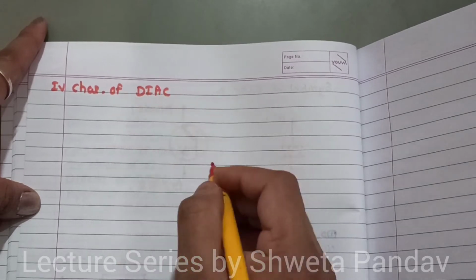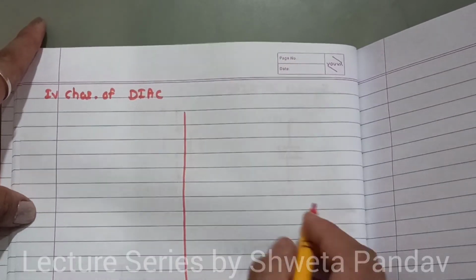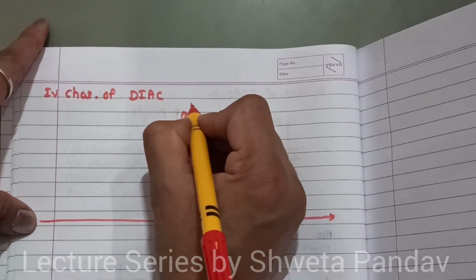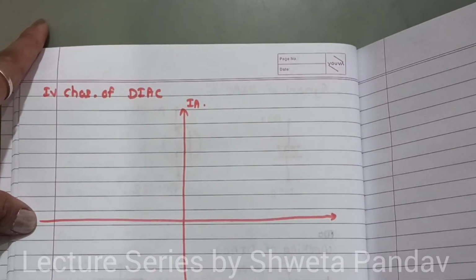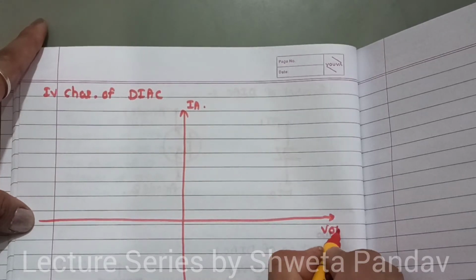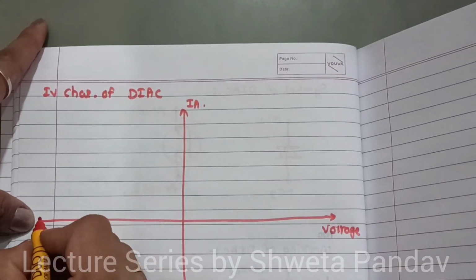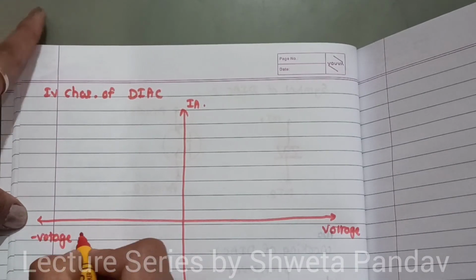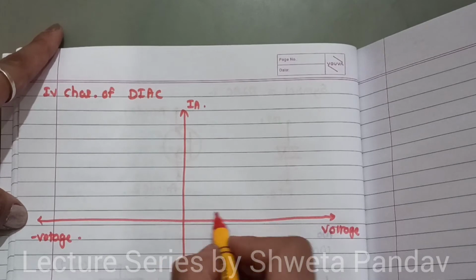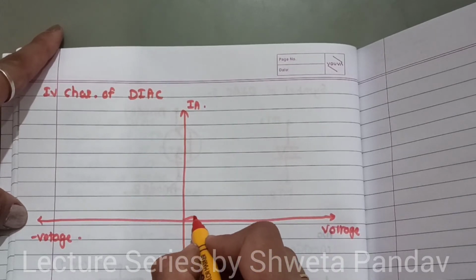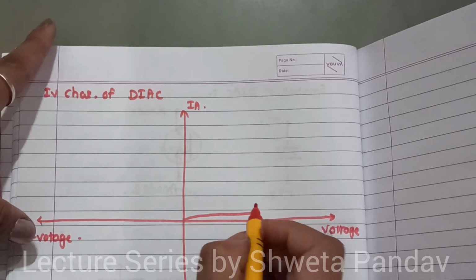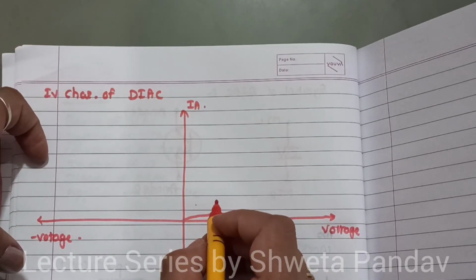The IV characteristic has the anode current on the y-axis and the voltage on the x-axis. Here we have positive voltage, here we have negative voltage. Initially when voltage is applied, the current starts increasing with a very small value. This is called leakage current.